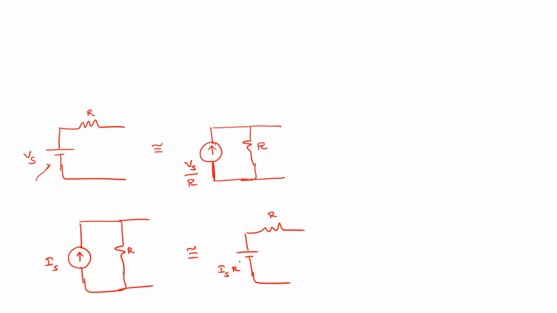Why are we changing series to parallel and parallel to series? From voltage source to current source, we do it to solve problems. Later in the class we have methods like mesh analysis and node voltage methods.